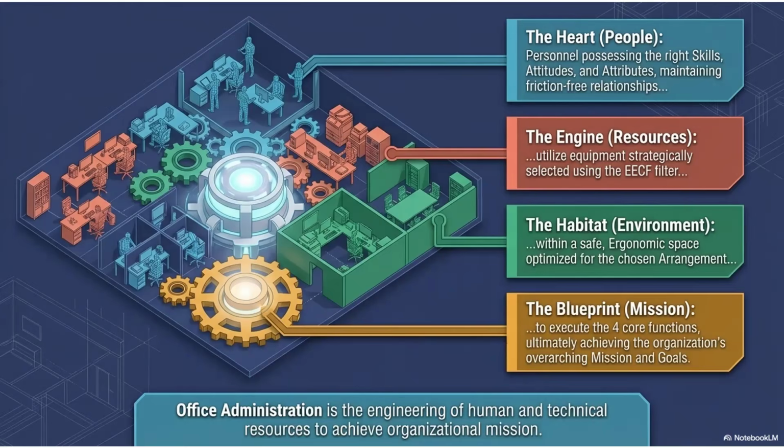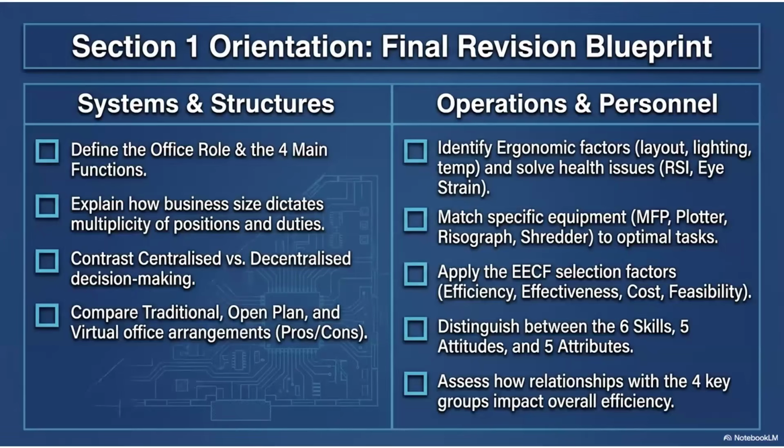The habitat is the environment, the ergonomic environment, and the blueprints would be what they are attempting to do, which is those four functions that we looked at at the very beginning: the creation and distribution of goods and services, data management, dissemination, and management rules. And that is office orientation in a nutshell.